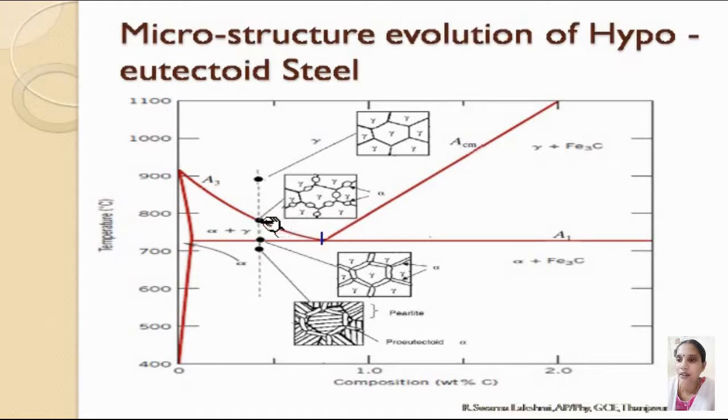On touching the upper critical temperature line, the A3 line, there is nucleation of pro-eutectoid alpha phase, particularly along the grain boundaries. The pro-eutectoid alpha phase is such that, here recall the lever rule, a horizontal line is constructed.